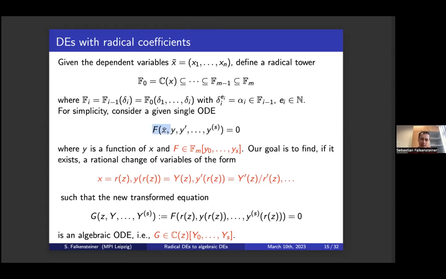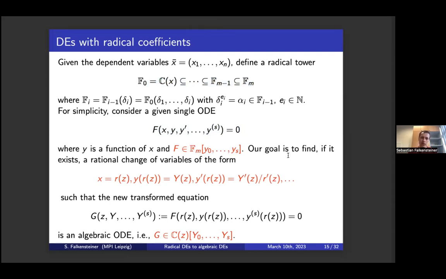So we have given one single ODE, but it could be a system of PDEs if you want, involving radical expressions in x. So we can write F in this way, where Fm is built in this tower of field extensions.